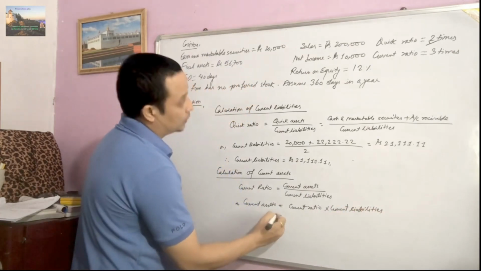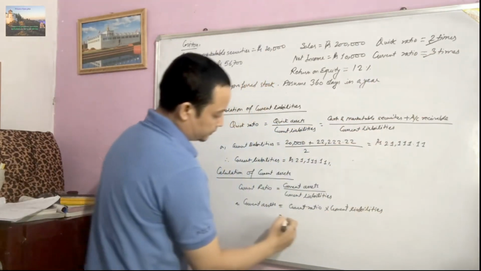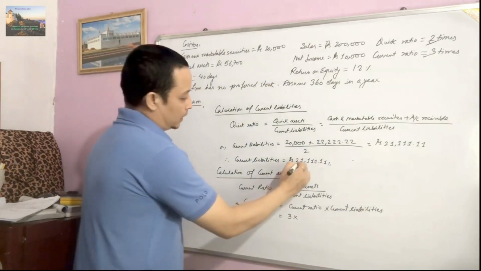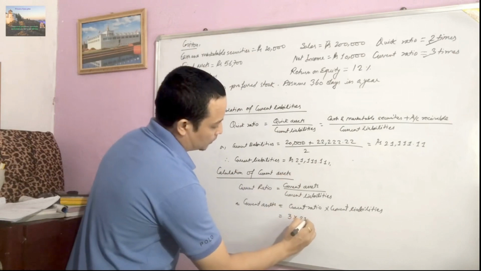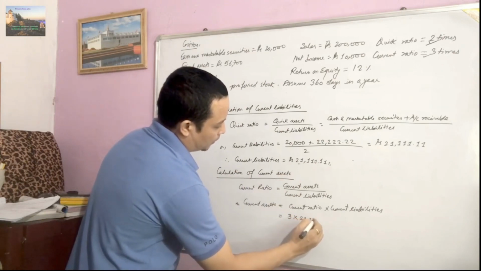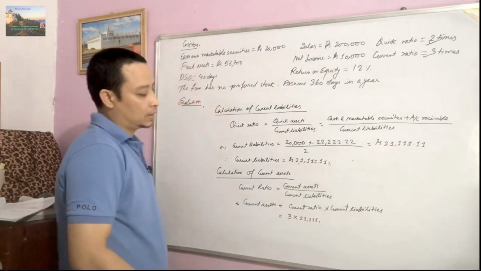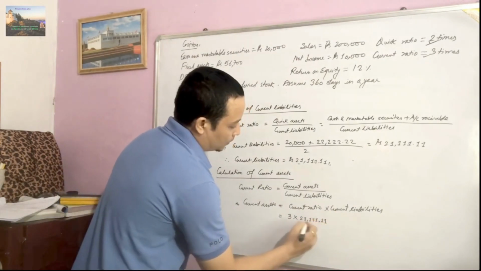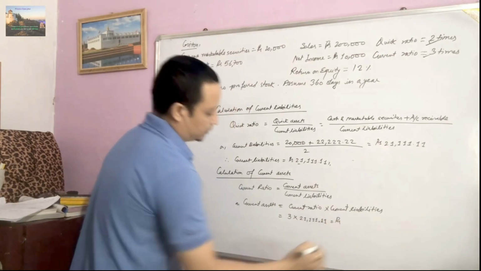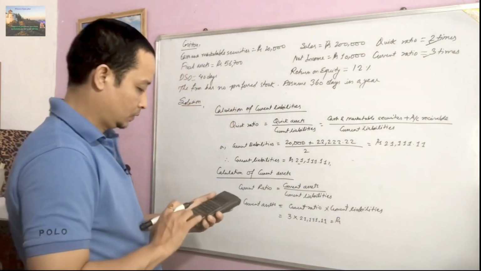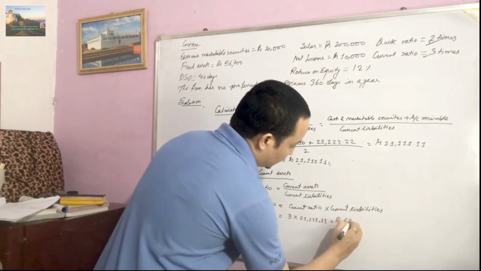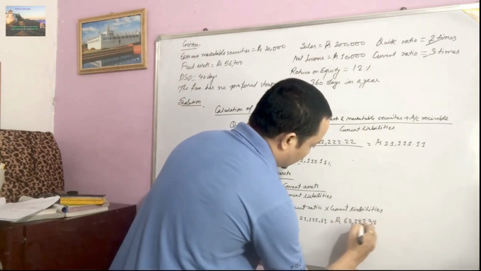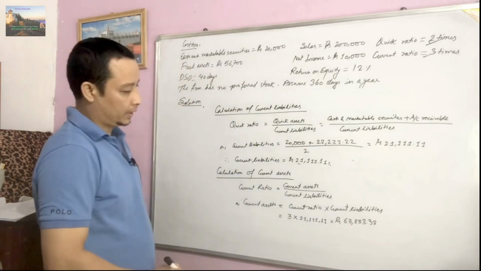So here current ratio is given here 3 times. 3 into current liabilities you have found already here, 21,111 paisa. So here that will be your rupees 63,333.33. This is your current asset.